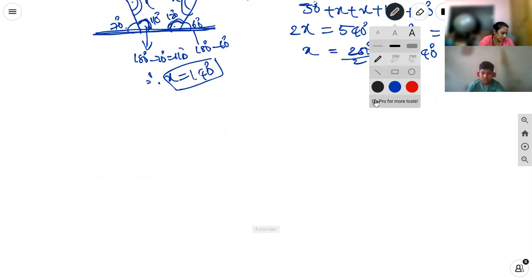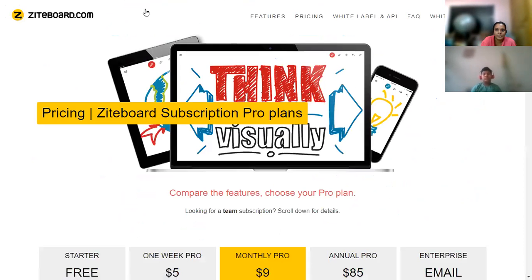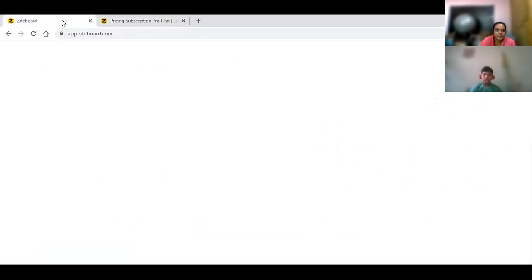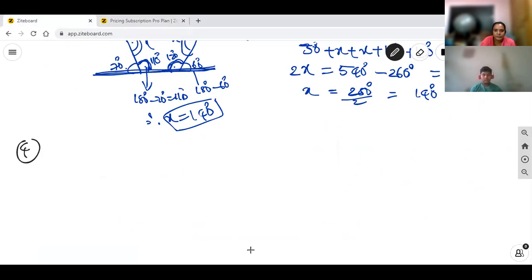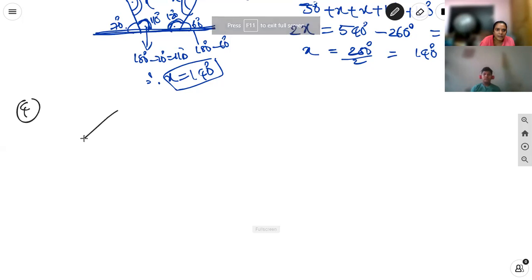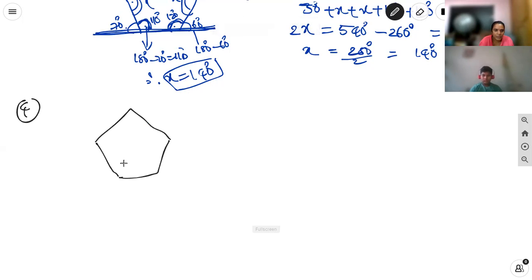Next, fourth question. In this, all sides are equal: x, x, x, x, x. So the angles should be equal.